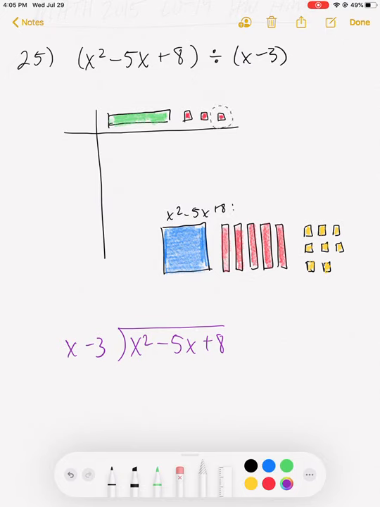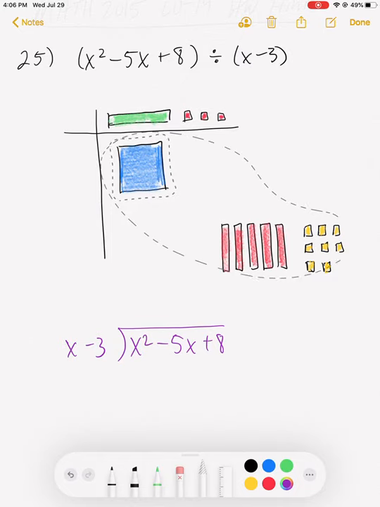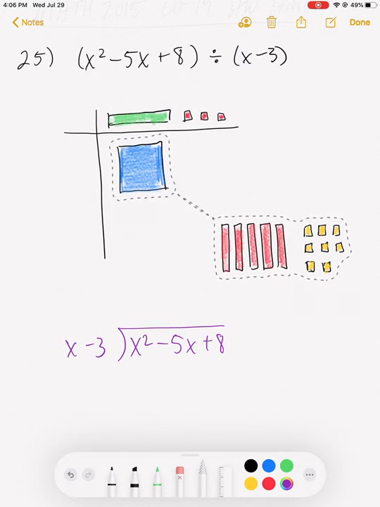So I put this one in place, and for my problem I'm considering my total, all of this here, and I'm going to take out an x minus 3. How many of those can I do? I can take out x of them.